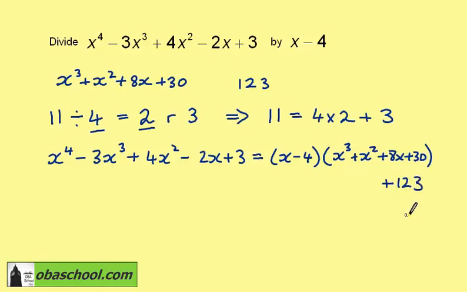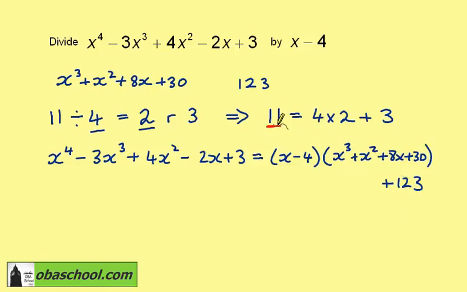And if we compare the expression 11 equals 4 times 2 plus 3, and this expression, x minus 4 times x cubed plus x squared plus 8x plus 30, add 123, we can see the divisor, the quotient, and the remainder are all in the same place.